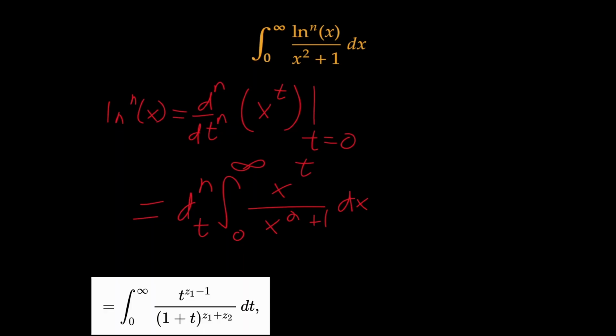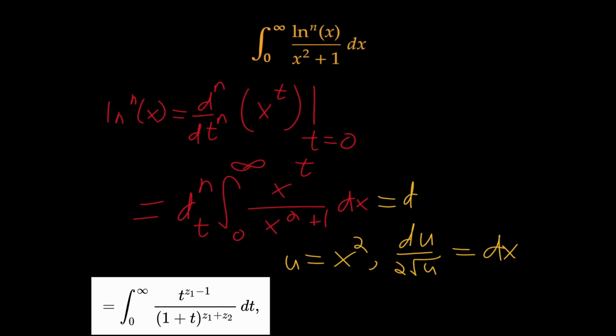And to attain that form, what we're going to do is let u equal x squared. So that means du over 2 times the square root of u is just going to be equal to dx. So our integral then is equal to, the derivative part is not going to change, integral from 0 to infinity, but the denominator is going to become u plus 1, then we have our du here, and let's not forget the half out front.